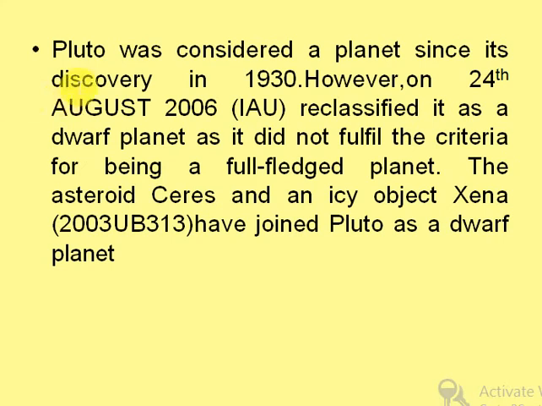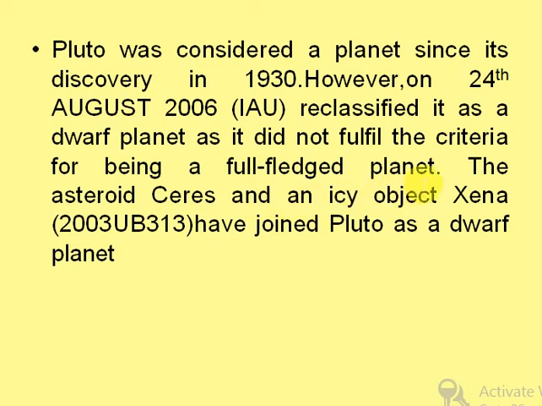Now, Pluto was considered a planet since its discovery in 1930. However, on 24th August 2006, the IAU reclassified it as a dwarf planet, as it did not fulfill the criteria of being a full-fledged planet.